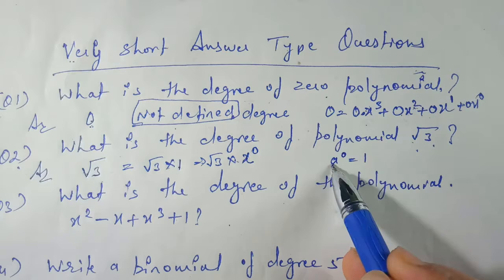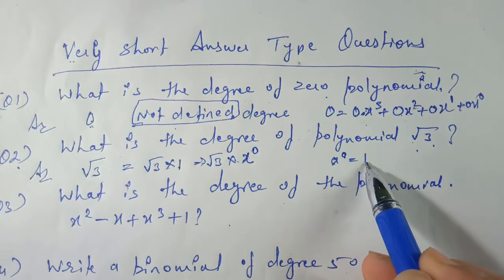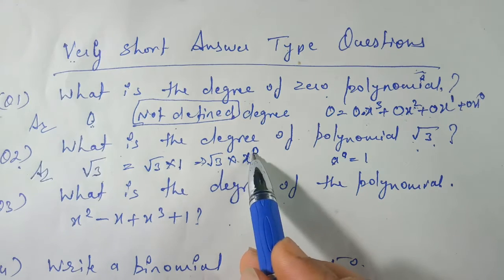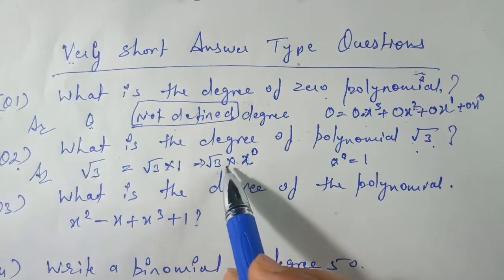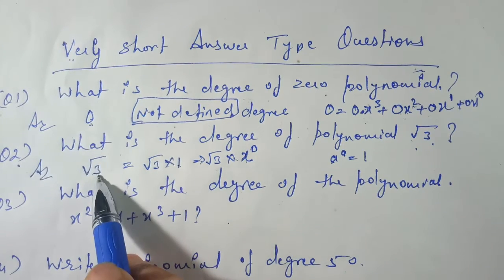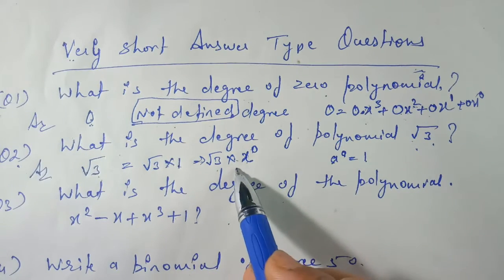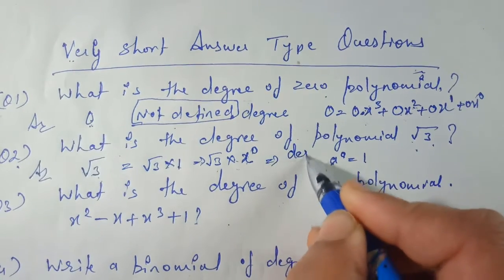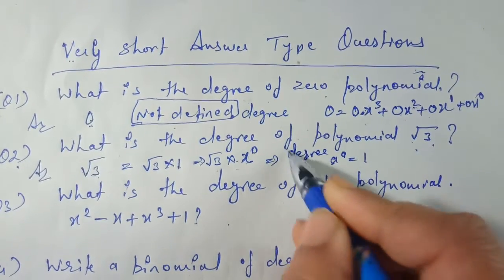If we take x raised to the power 0 in place of 1, we get root 3 into x raised to the power 0. When we multiply these, root 3 into 1, it changes into root 3. So we can say the degree of the polynomial root 3 is 0. Here the degree is 0.